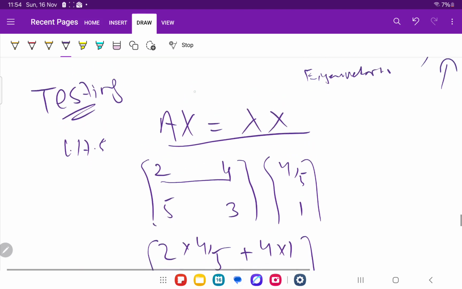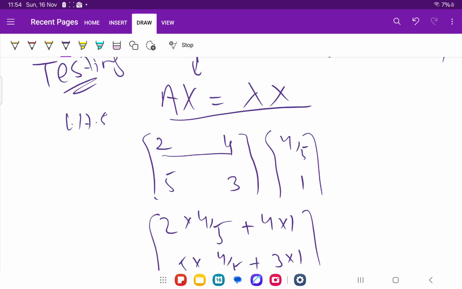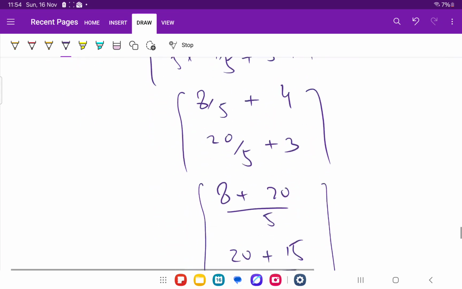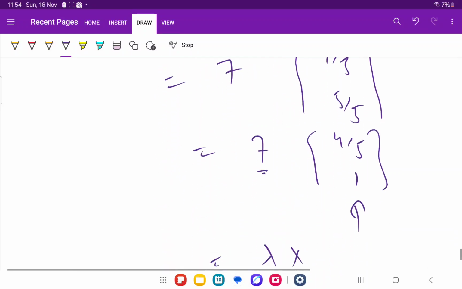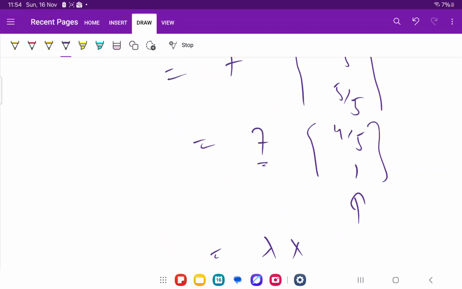So if you have found any eigenvector x and you want to test whether it is really an eigenvector, you multiply A with the eigenvector, and you will get lambda x, meaning the same eigenvector with your value of lambda. So at the end you could see that we have an eigenvalue and corresponding eigenvector, multiplying with each other, lambda x. Okay, so that is basically the testing criterion, that whatever working we have done is correct.